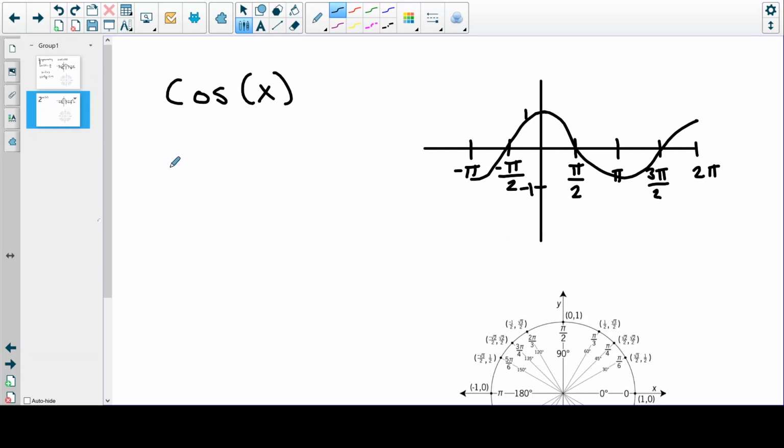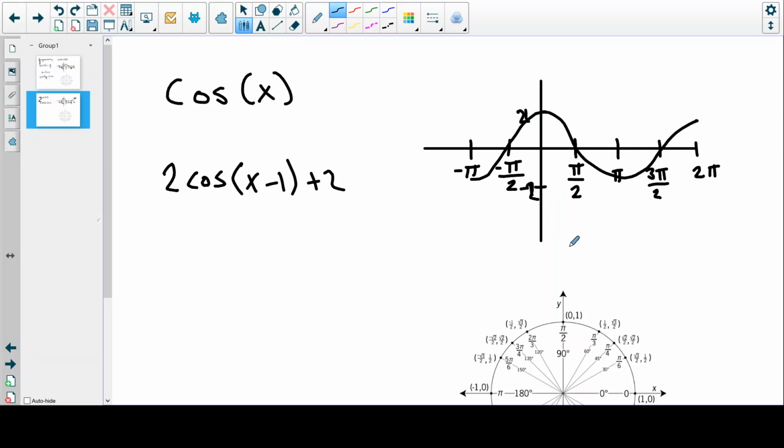So like sine, you can still manipulate it by having like 2 cosine (x minus 1) plus 2, which would shift this cosine graph up 2 and over to the right 1, and the amplitude would turn into 2. So these would turn into 2.